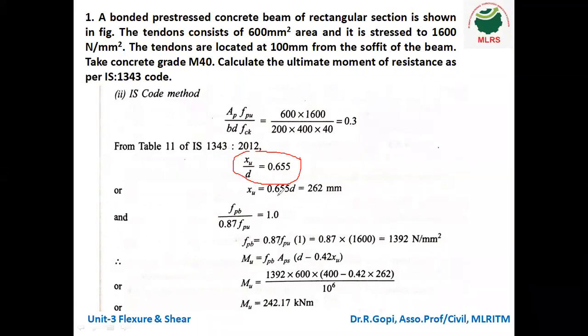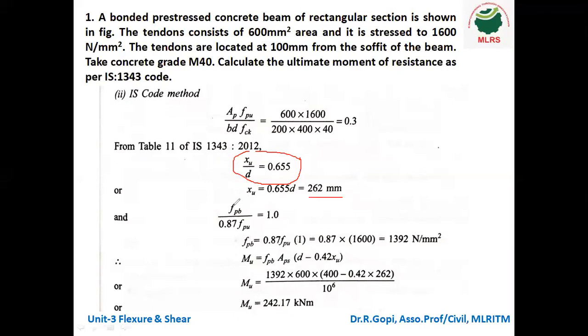So how to calculate XU? We need only XU, not XU by D. Therefore XU is equal to 0.655 into D. What is D? It is given in the question. D is 400 mm. So 0.655 into 400, we got 262 mm.